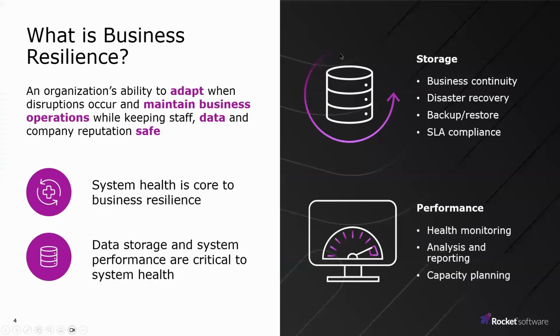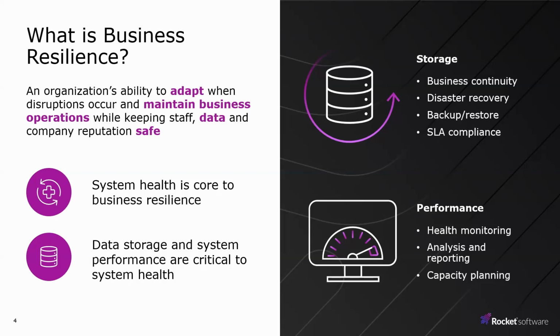So what is business resilience, right? A good definition is an organization's ability to adapt when disruptions occur and maintain business operations while keeping staff, data, and the reputation of your company safe.